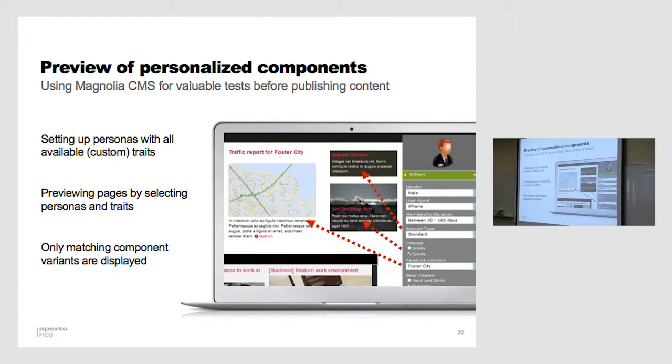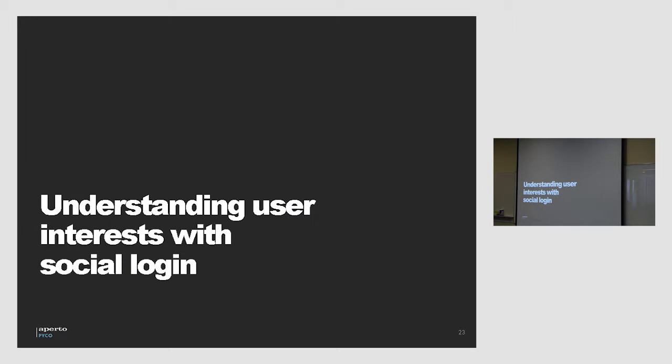This is how the preview is working. You will only see the component variants which match the traits you have selected here on the right side. I will later show some more details about our traits. So we have some custom traits, and we can manage our content on component level, and we can preview it.